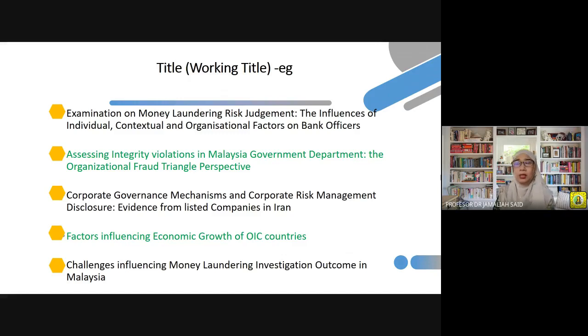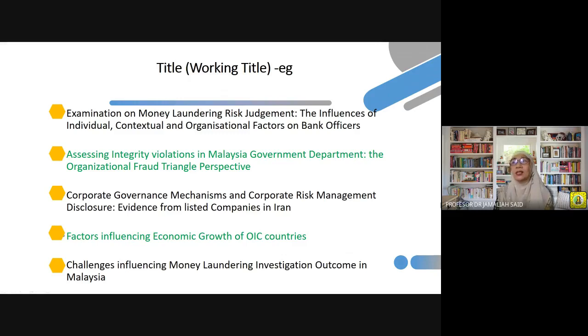Maybe individual factors can be your experience, your qualification, your age, can be anything. By reading the thesis only, you should be able to detect what he meant by individual factors. Contextual factors, again, we do not know, but we need to go deeper into the thesis, then only we know.